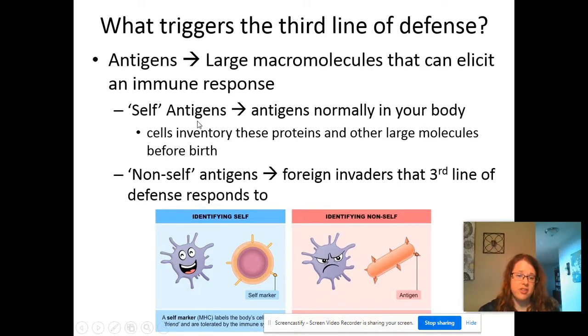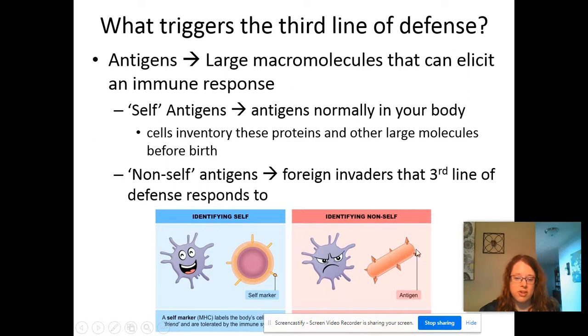The self antigens are antigens that are normally found in your body. You can see here, identifying self. This is a white blood cell, and the white blood cell is like, oh, this is a body cell that's in your body and you're okay. So this white blood cell knows that this has a good antigen, an antigen that we want in the body, so it's not going to attack.